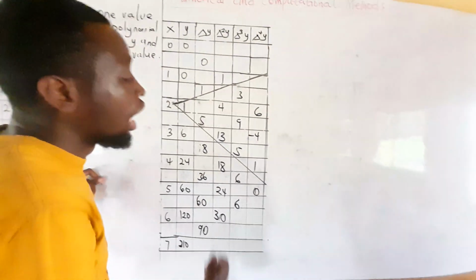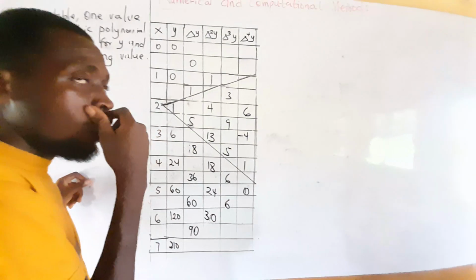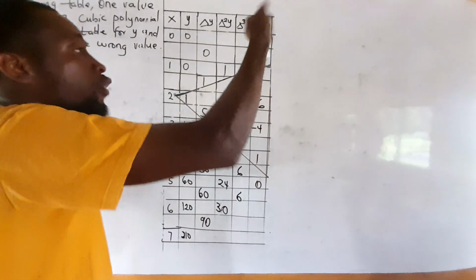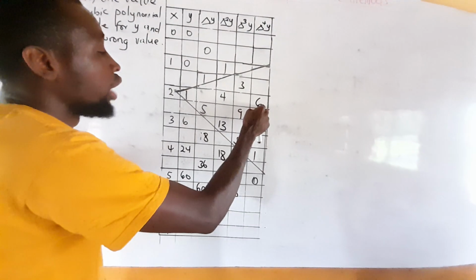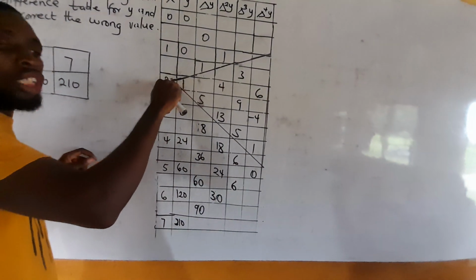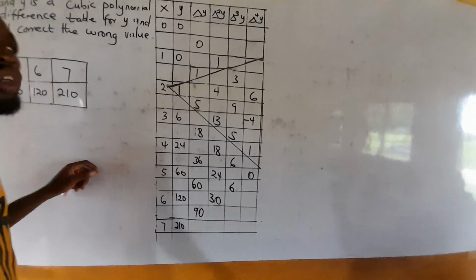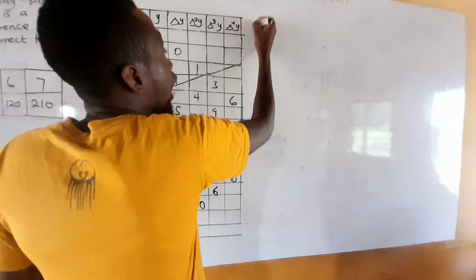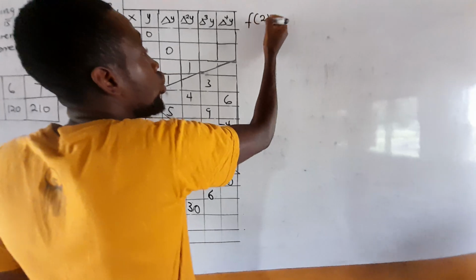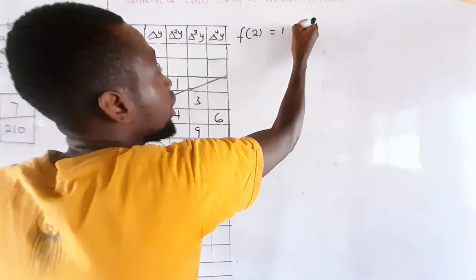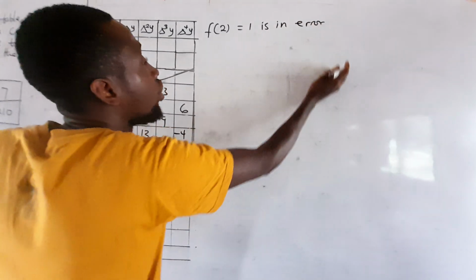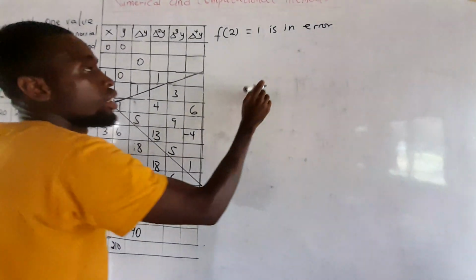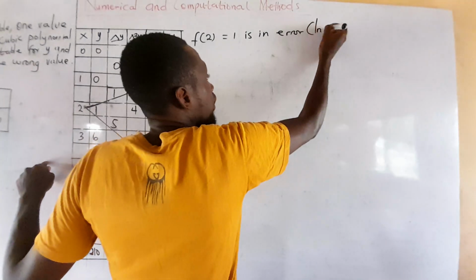Or people say that after you find the difference beyond the cubic, the highest value there, you trace it. Its corresponding value there is in error. So we can say that f of 2, which is equal to 1, is in error. Is incorrect.